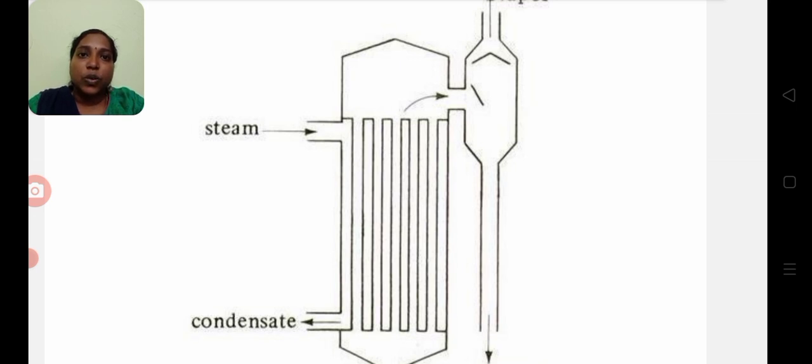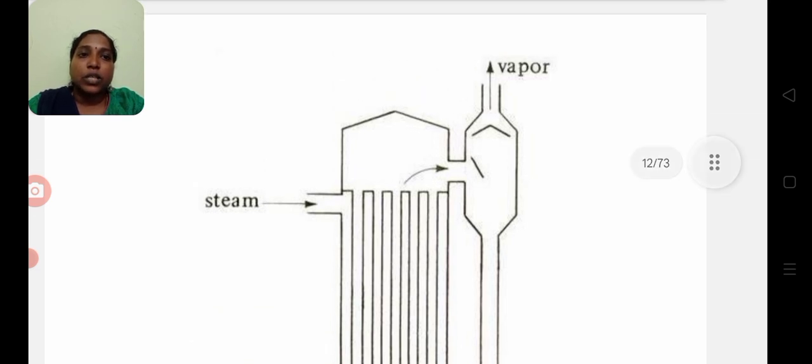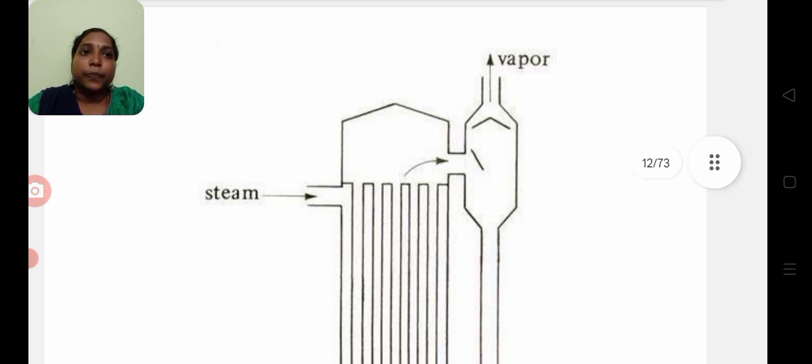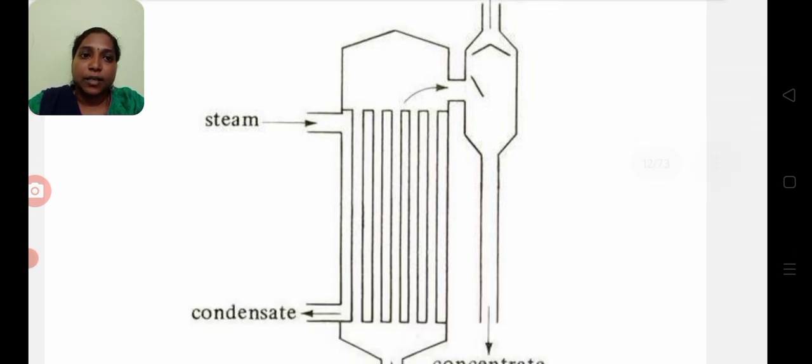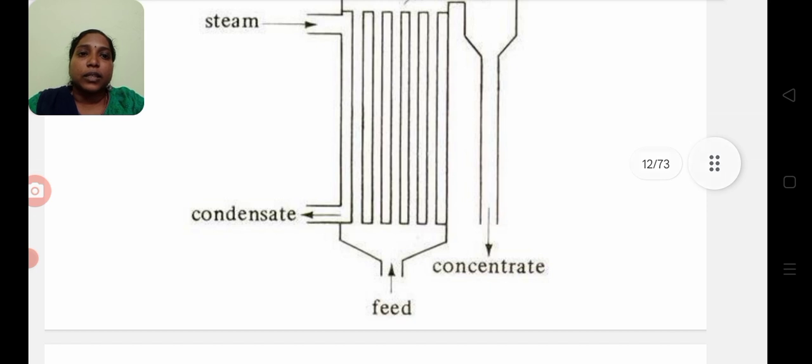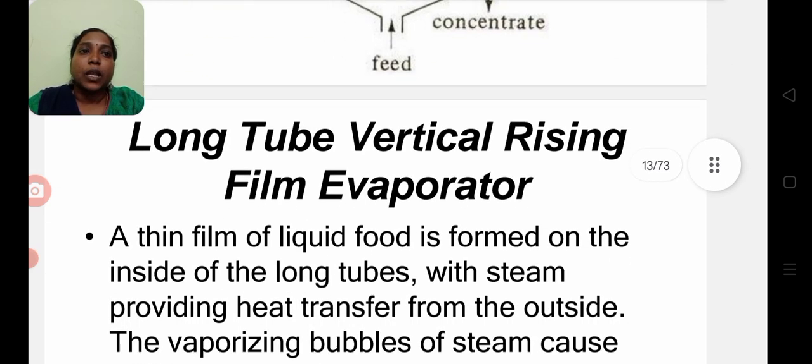The heat transfer occurs in the calandria, and the excess water is evaporated at the top of the equipment and goes to the condensation process. After removal of the excess water we get the thick liquid, which is called the condensate.